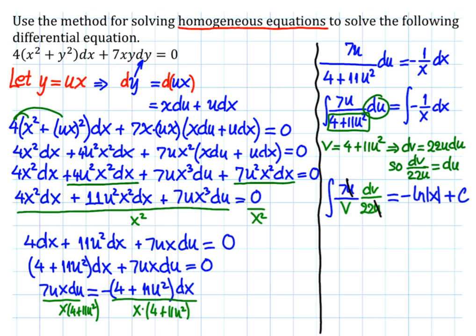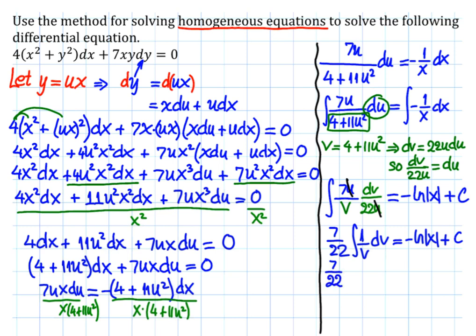Right, now we simplify the left hand side. We have 7 over 22 times the integral of 1 over v dv equal to negative ln of x plus c. Right, now just integrate, that will be ln of v. So we have 7 over 22 ln of v.